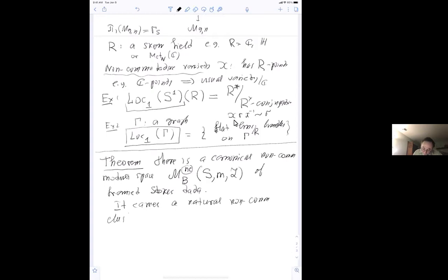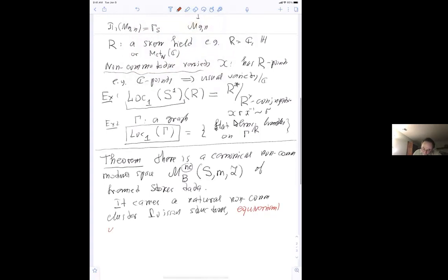So I have to explain what a cluster Poisson structure is. That's one of the goals, but you'll see this later. And now the most important statements here, I mean two important statements: that it has a cluster Poisson structure, and the second is that it's equivariant under the wild mapping class group.